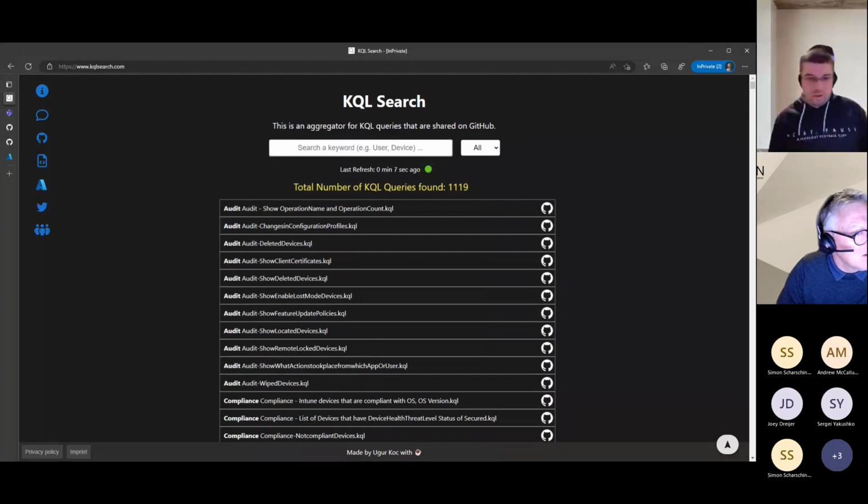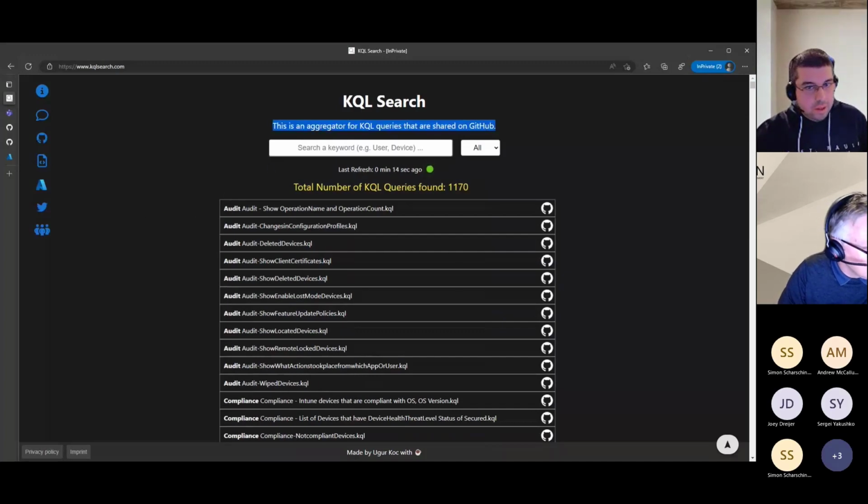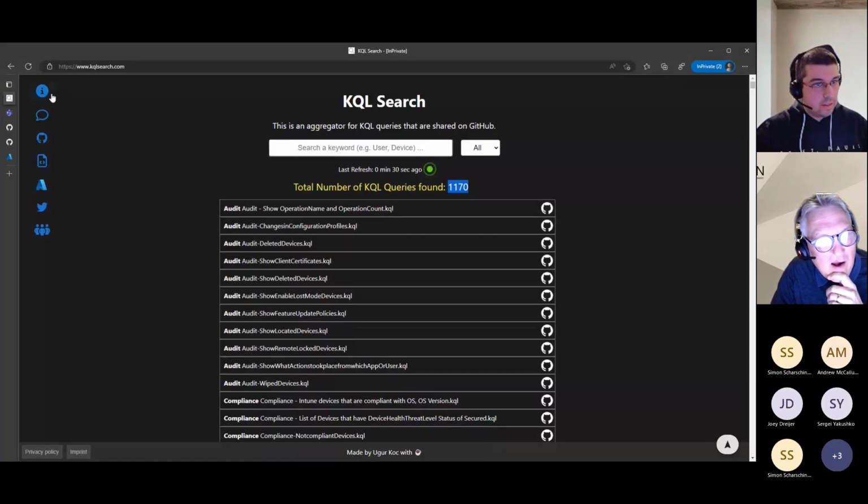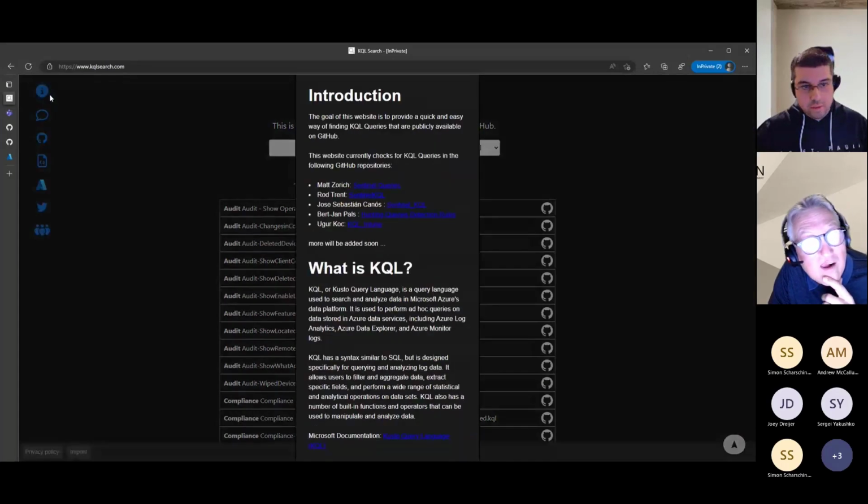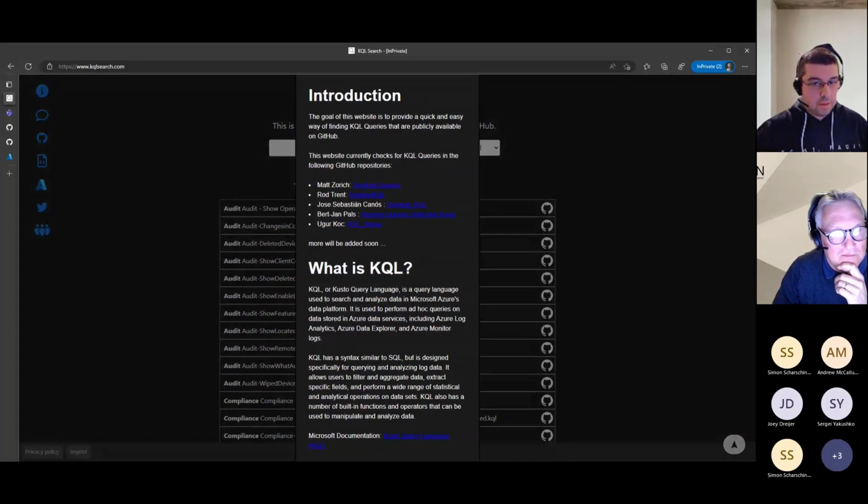So this is KQLSearch.com, and the first thing, the most important part: the queries that you can find here are all from GitHub, and the total number of queries shown today is over 1,100. If you press the info button on the top left, you will also see the GitHub repositories the website searches.